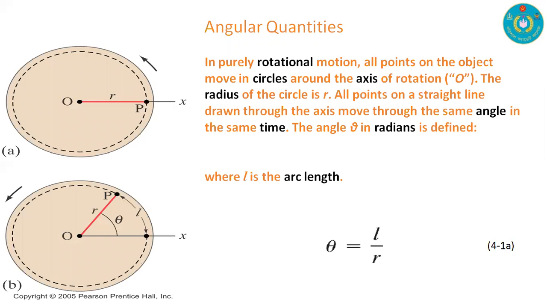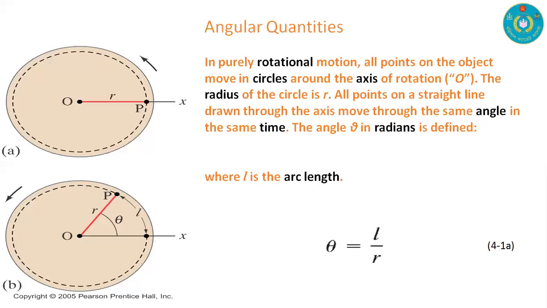At first, we are going to learn about angular quantities. On the left side of the picture, you observe a circle. In purely rotational motion, all points on the object move in circles around the axis of rotation O. The radius of the circle is R. All points on the straight line drawn through the axis move through the same angle in the same time.